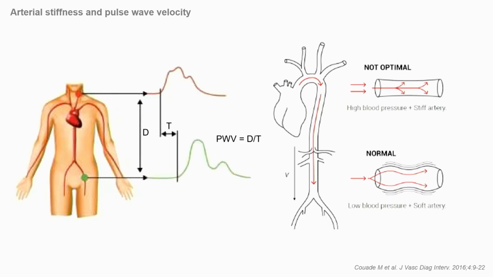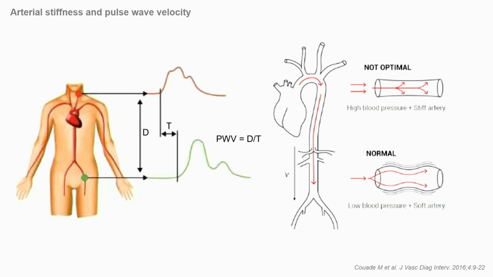So the arterial stiffness, as explained by the previous speakers, can be measured by the pulse wave velocity, which is essentially just a measure of how fast the waves are traveling in the arterial walls. As the aorta is a conduit vessel for the pressure generated by the left ventricle, ideally, as you can see on the right-hand bottom side, the normal artery would absorb the pressures generated by the left ventricle and create a more even pressure by the time it arrives at the target organs.